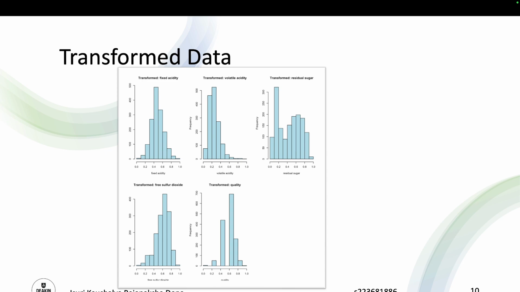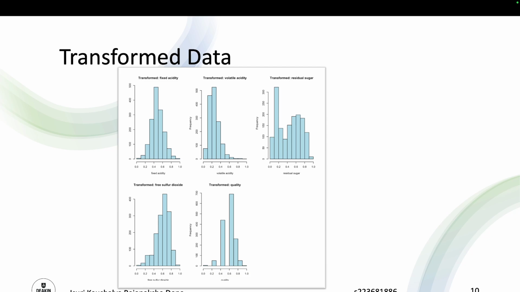My transformations are log1p on the chosen four X variables and on quality, then min-max scaling to 0 to 1. This creates a common scale for the aggregation functions and makes the learning stable and comparable across variables.